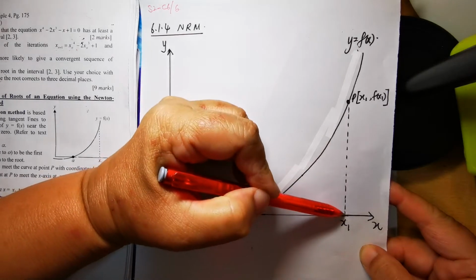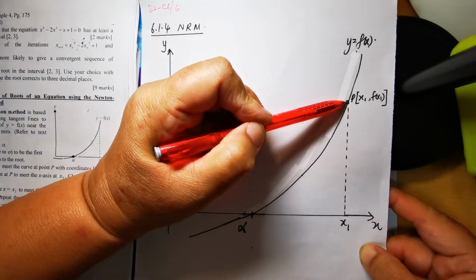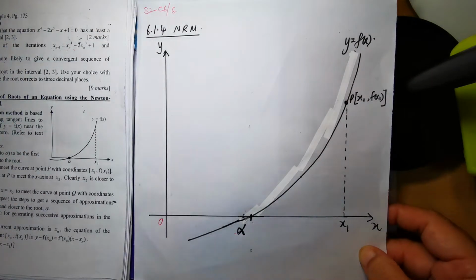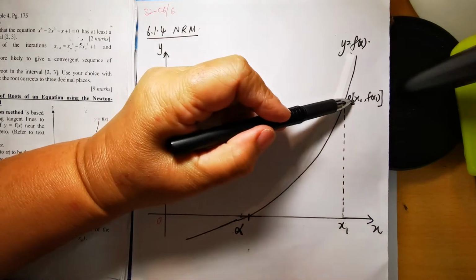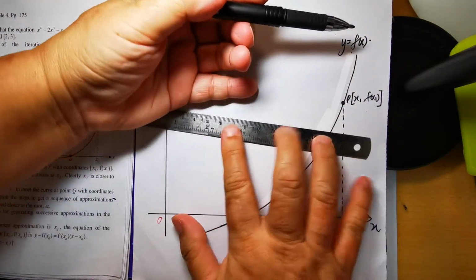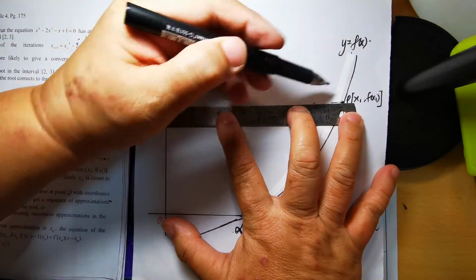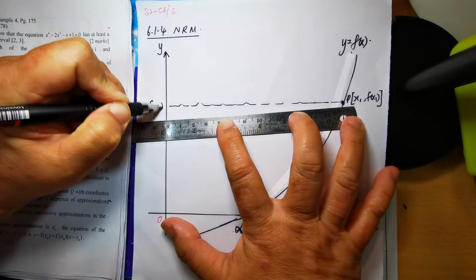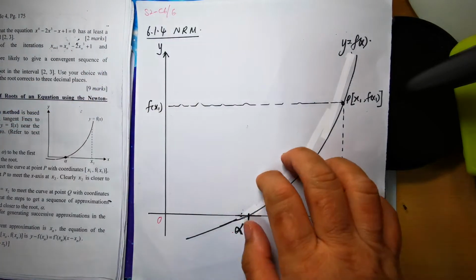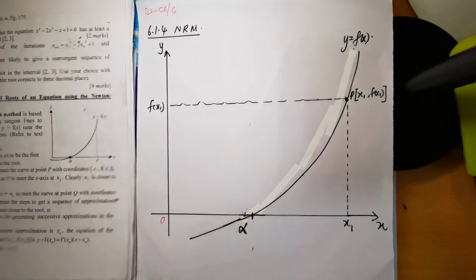Then we draw the line x equals x1 to meet the graph, let's say at point P. Therefore, the coordinates of point P will be x1 and f(x1), which means substituting x1 into your function. So this is your f(x1). As we said, we are going to use tangents.